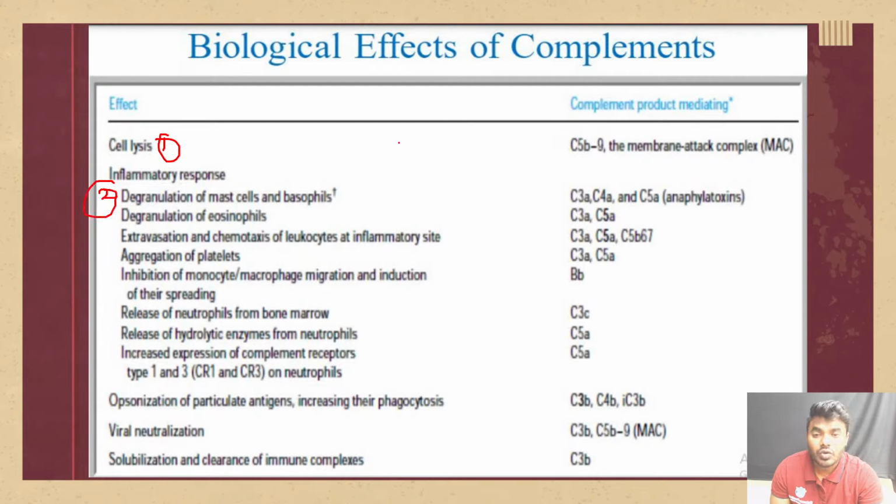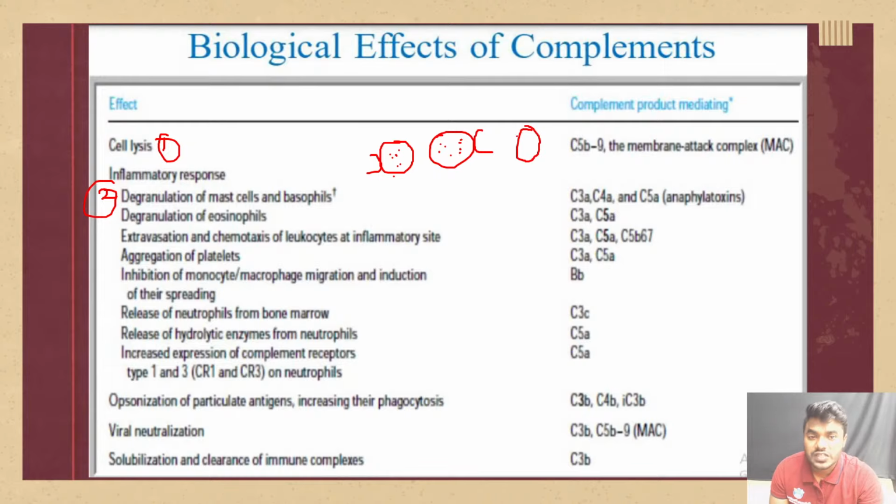Second one, you know very well, suppose this is the mast cell or basophil. Inside the mast cells and basophils, we know that an abundant amount of granules are present. And we also know, as I told you in yesterday's class, that on the mast cell surface FC receptors are present. On the basophils FC receptors are present.